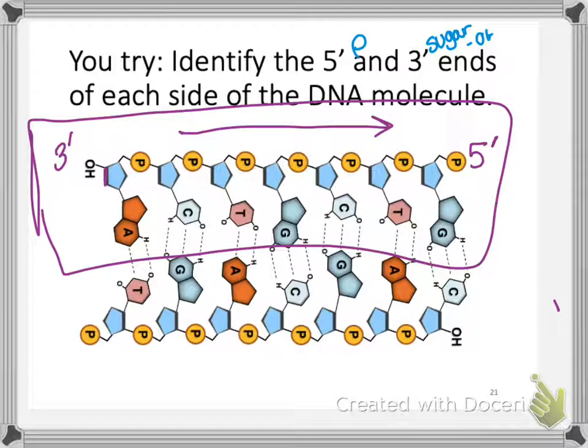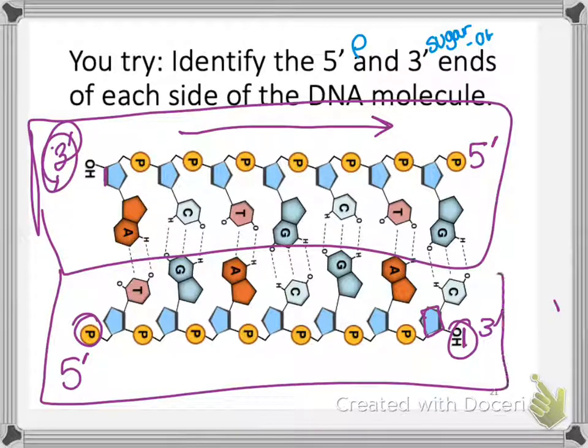This should be the 5', because we have 3' over here. And what do you know? We got a phosphate group, so that's our 5' end, which means down here is our 3' end, our sugar with the hydroxyl, the OH. And notice this one down here is running the opposite direction.